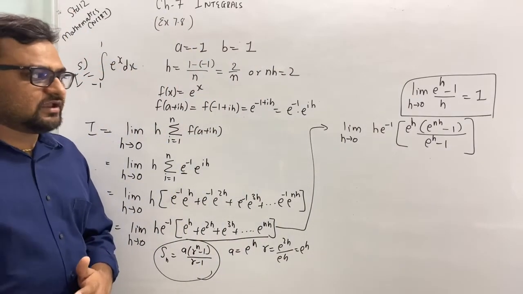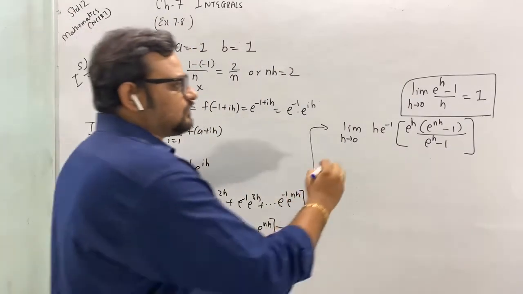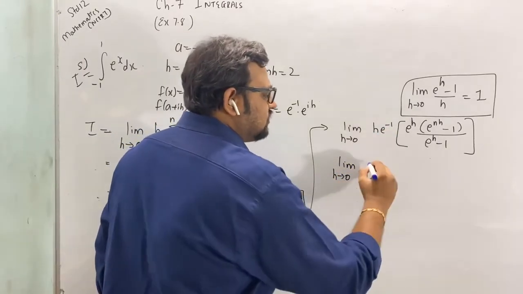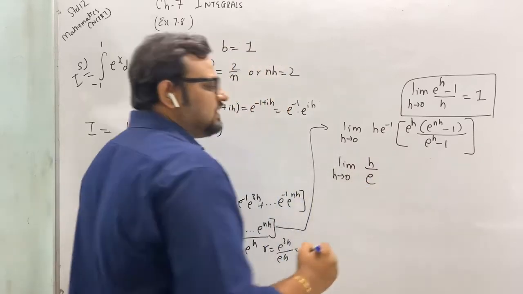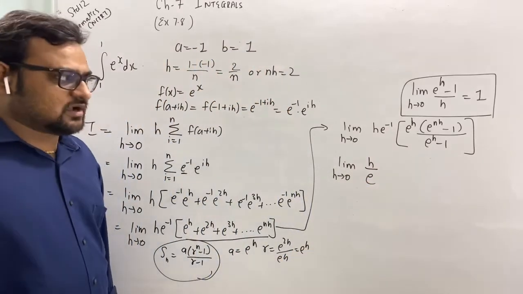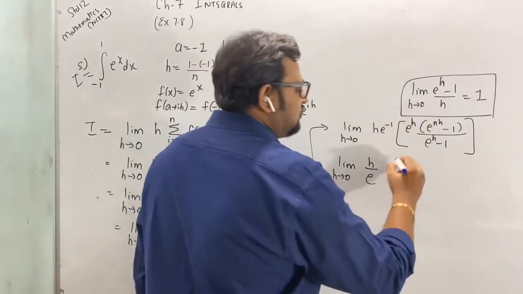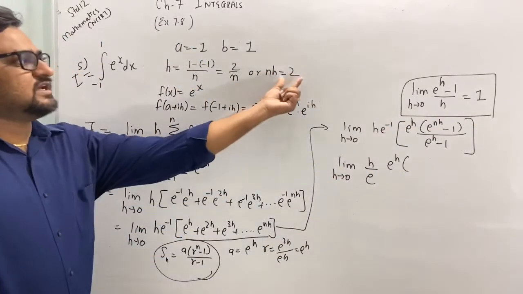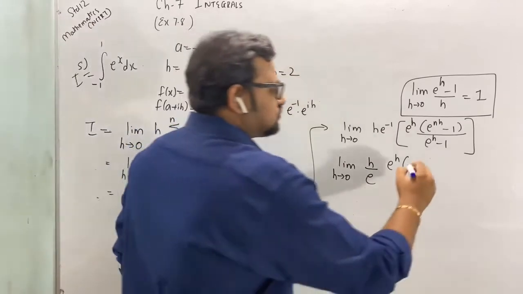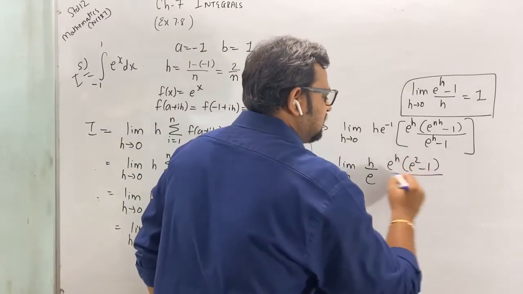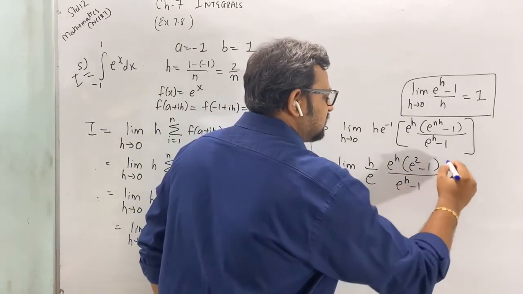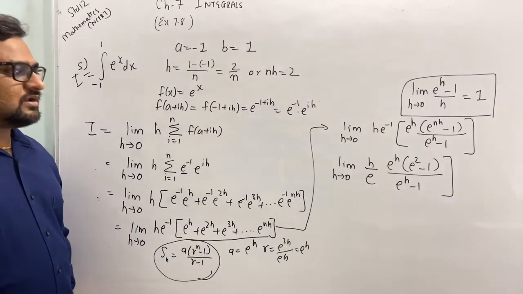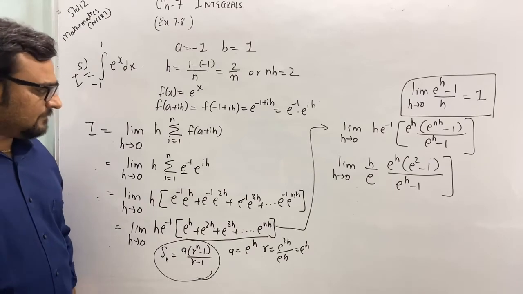Okay, clear? So now limit h tends to 0, this will be h by e into e raised to h. What is e raised to nh? What is nh? 2. So (e square minus 1) upon (e raised to h minus 1). Clear? Okay.